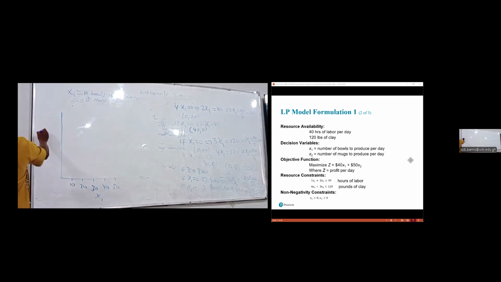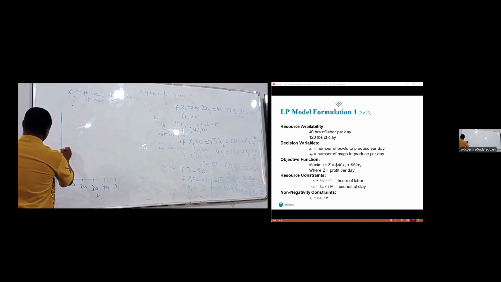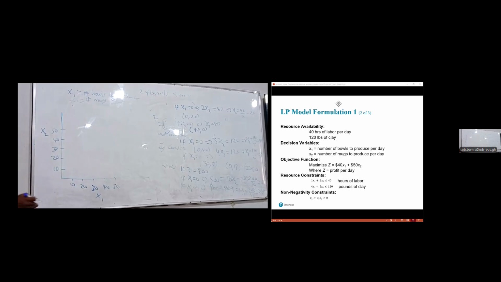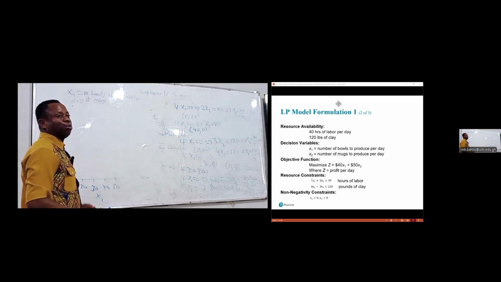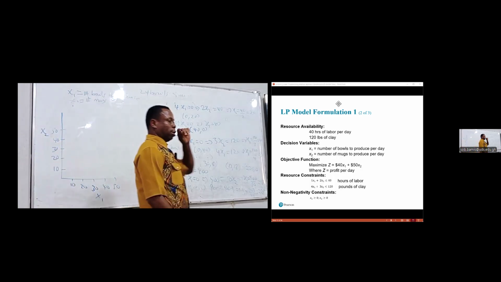For the other axis, x2, we use 10, 20, 30, 40, 50. So let's plot the coordinates.